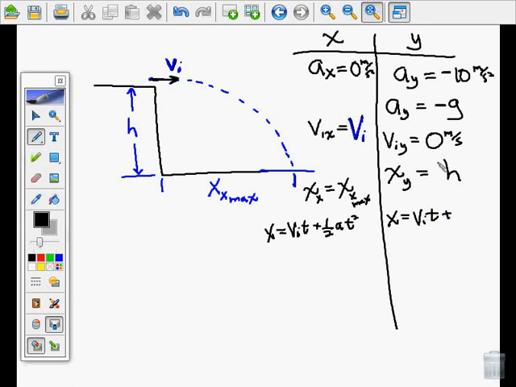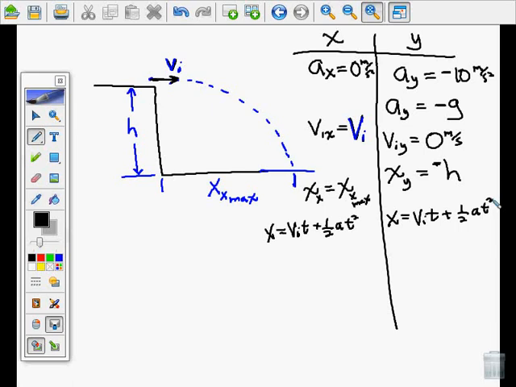Oh, yes. That should be negative h. Thank you. Because it's going down. v i t plus 1/2 a t squared. And like I said, usually in one of the columns, you're given enough information to get the time. You solve for the time in that column, and then you take the time over to the other.